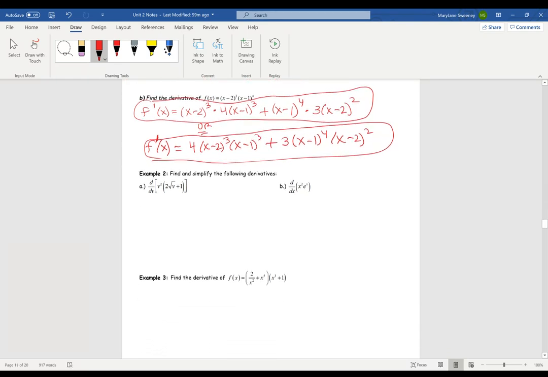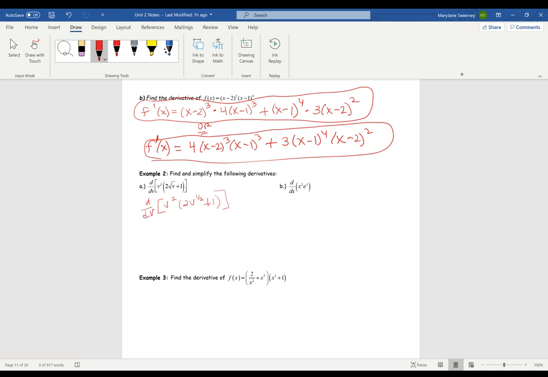Okay. Next one, this is just a different way of writing it, d dv. That means take the derivative with respect to v, which means in terms of v. So this is d dv of v squared times 2v to the 1/2 plus 1. I'm just going to write square root as to the 1/2.